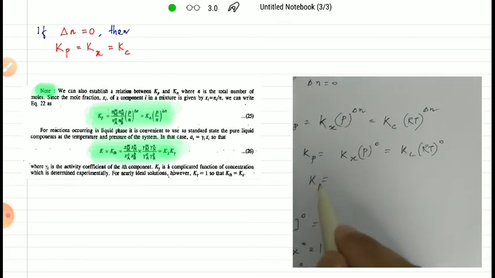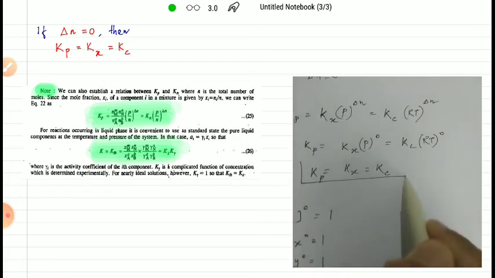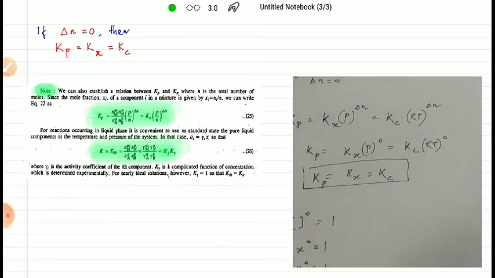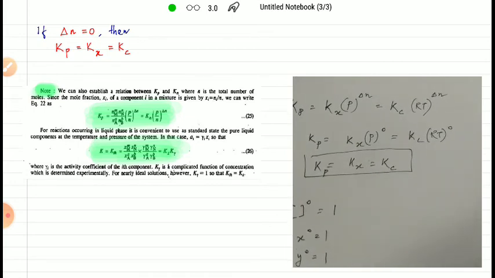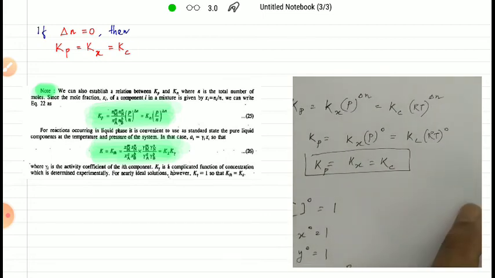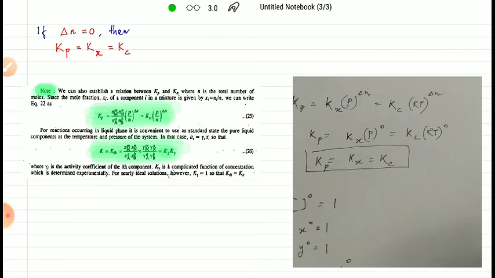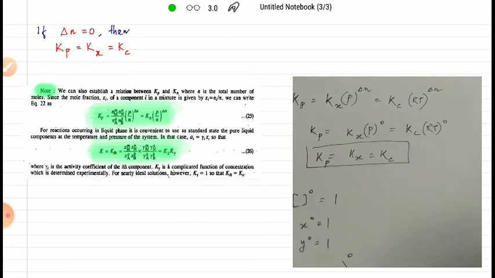That means we can write Kp is equal to Kx is equal to Kc. So if there is no change in the number of moles at equilibrium, if there is no change between the number of moles of product and reactant, then all three forms of equilibrium constant are equal: Kp is equal to Kx is equal to Kc.